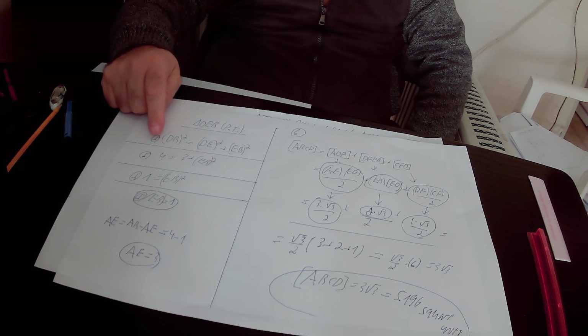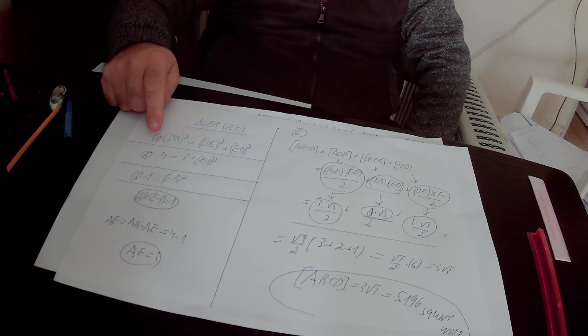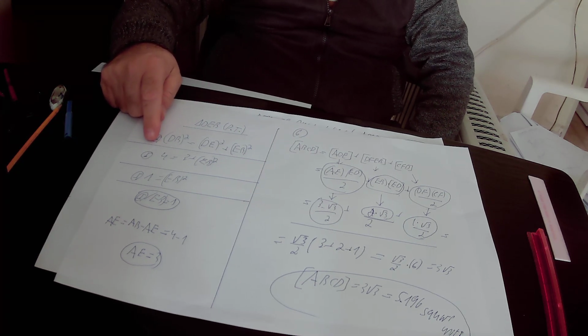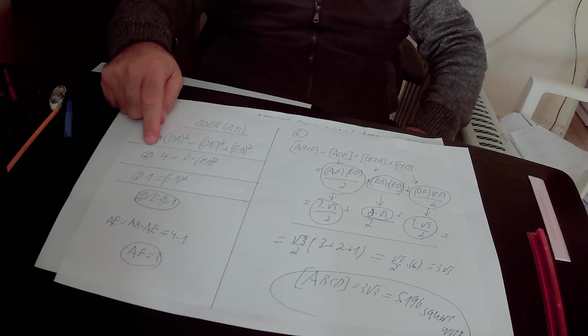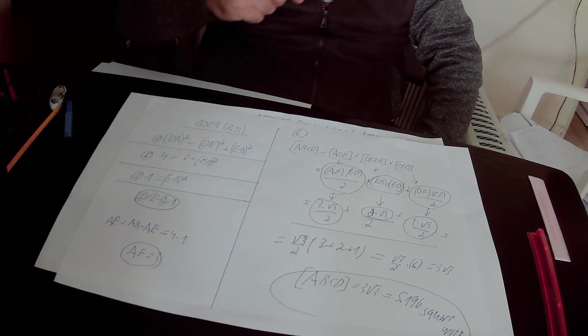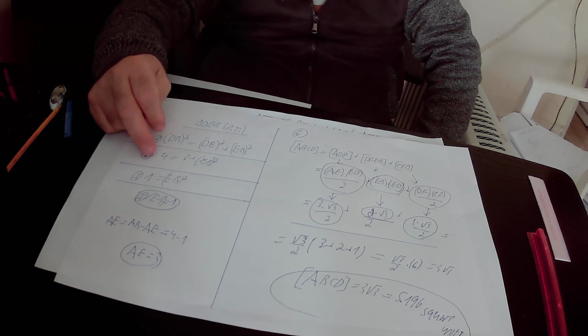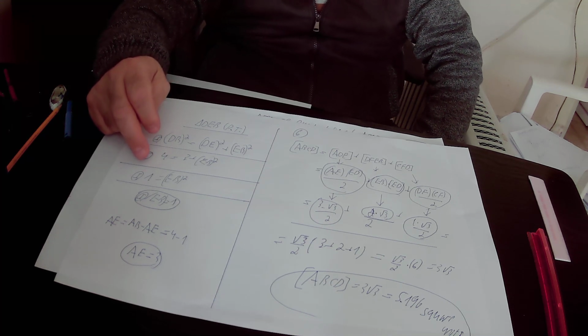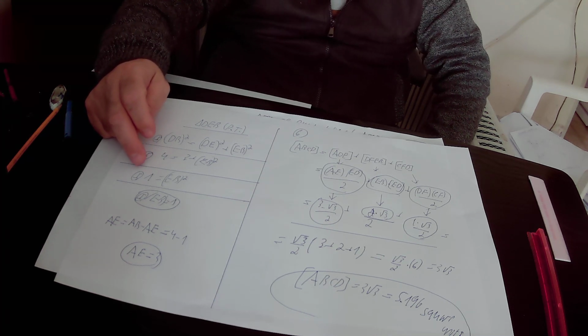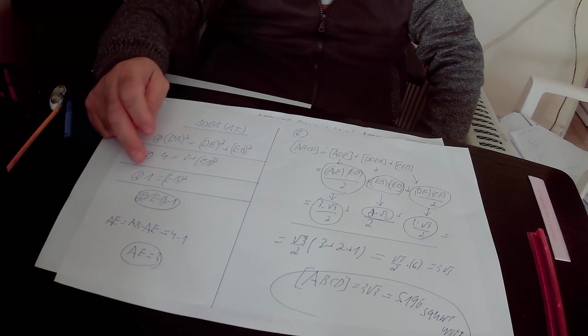So 4 equals 3 plus EB squared. We subtracted 3 from this equation, equation number 1, and we got that 4 minus 3 is 1. So we got that 1 equals EB squared. We took a root of this equation and we got that EB equals the square root of 1, which is 1.